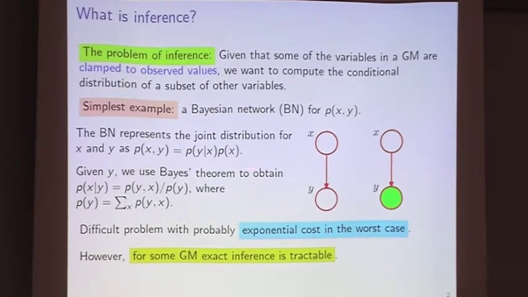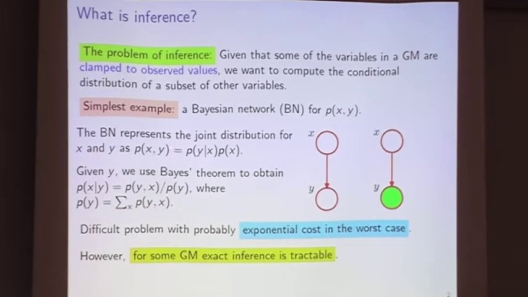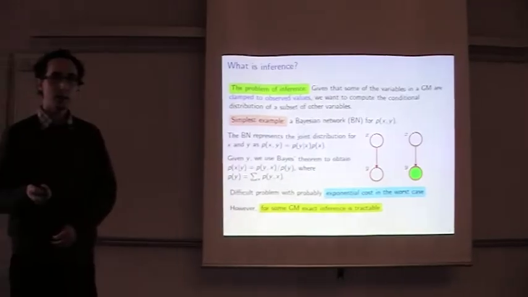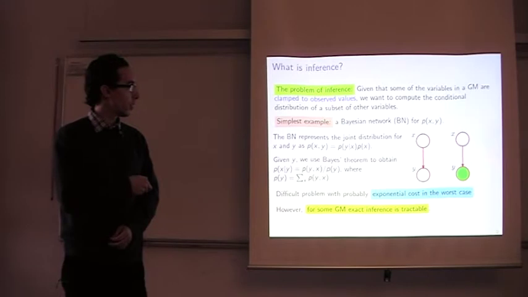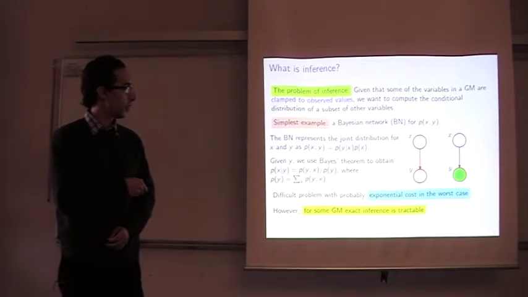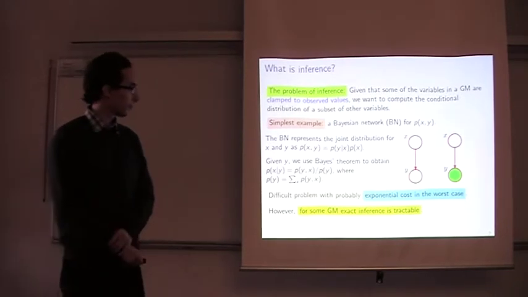This is the chain rule of Bayesian networks: the joint probability is a product of a factor for each node in the network, where each factor is the conditional distribution of that node given the parents of that node in the network.